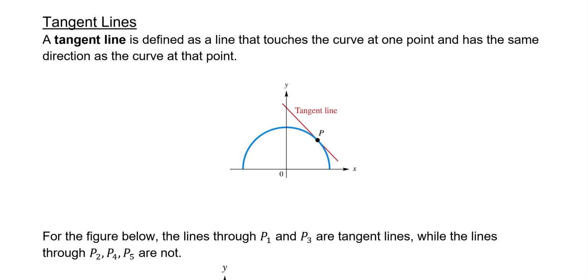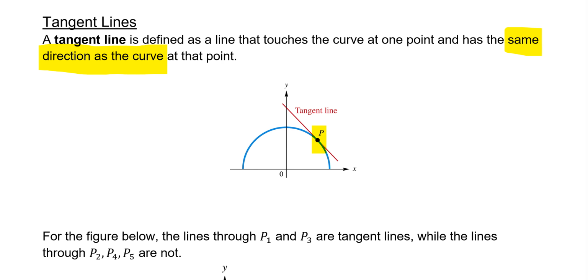All right, starting to talk about tangent lines. You might remember tangent lines from a geometry class. A tangent line is a line that touches the curve at a certain point and has the same direction as the curve at that singular point. Here we have this semicircle, and we are referring to point P. We want to know, what is the tangent line at point P?